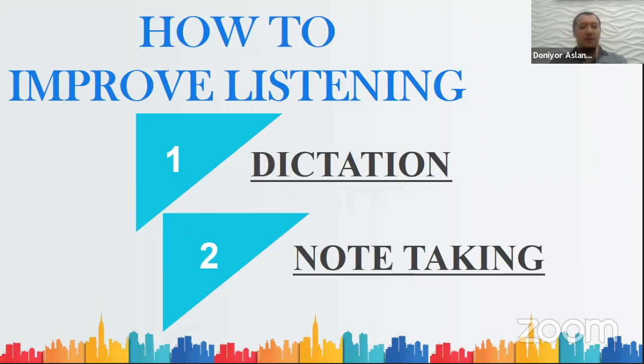And the second one, if your level is good and you are getting, let's say, 15 or 17 right answers and you want more, please take notes. Note taking is a powerful strategy, but for this one you should have a better understanding of the language.